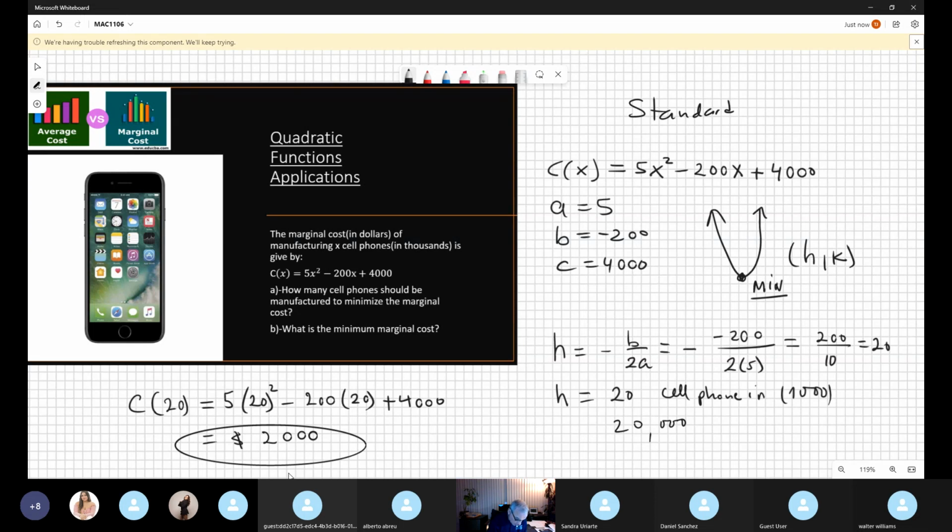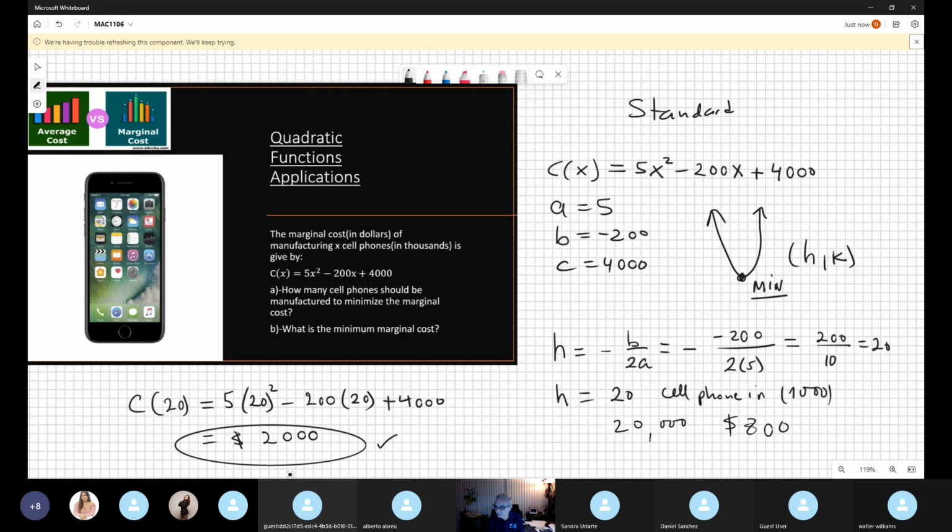Oh, no, I made a mistake. It's 2,000. Yes, the answer is correct. So this is the cost. I need to pay 2,000 to create 20,000 smartphones, and the price of a smartphone is at least $800 each. So the profit is fantastic, the revenue and the profit.